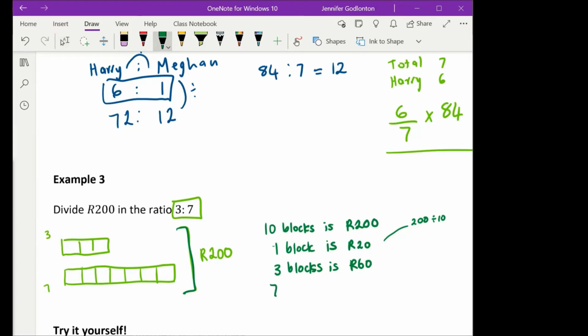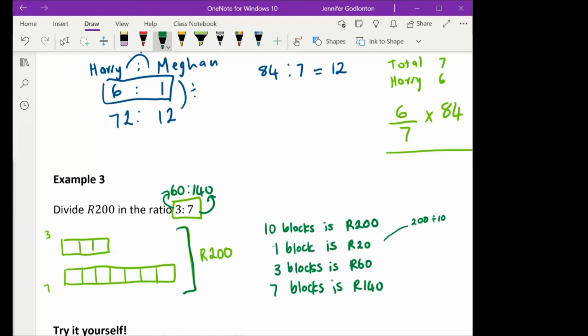Good, Joyce. And if I want to know what 7 blocks is, if 1 block is 20 Rand? 140. Yes, there we go, guys. So our ratio of 3 to 7 is going to be 60 to 140, because that was our 3 blocks and that was our 7 blocks.